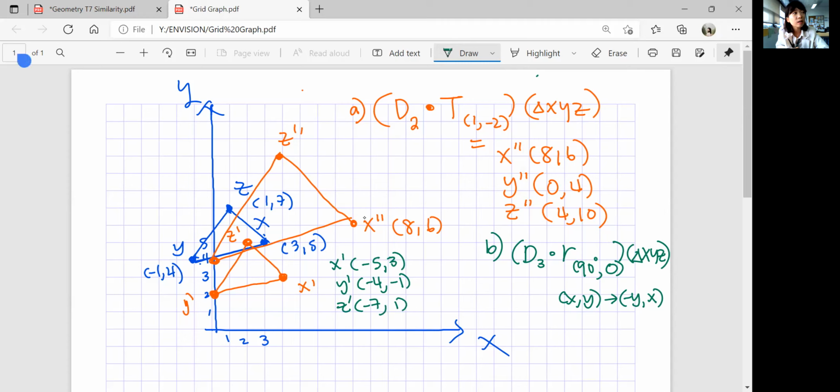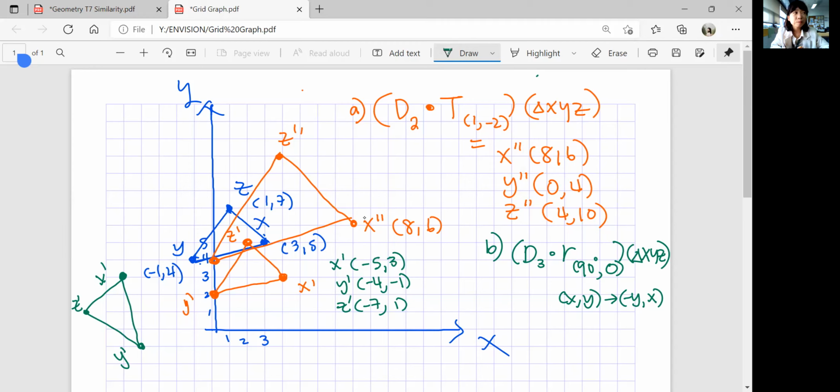Okay, that's X', and then (-4, -1) is Y', and then Z' is (-7, 1). So Z' is here. Okay, you rotate it 90 degrees.